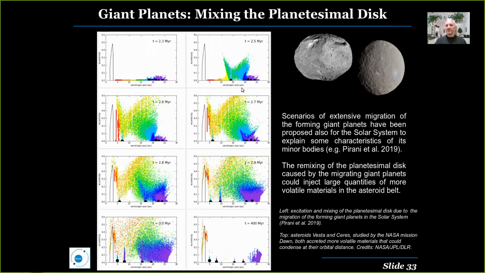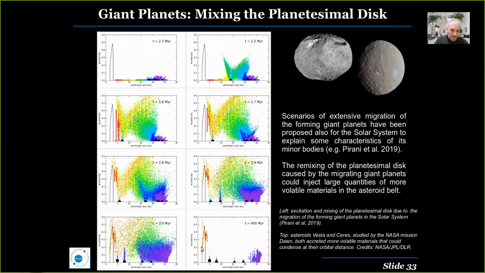The seeds of the planets start at this distance, but the planets migrate to reach positions closer to the final position. And as you can see, while crossing, because of their large mass, planetesimals can be dynamically excited and remixed with a fraction of planetesimals that were formed at very large distances from the star.